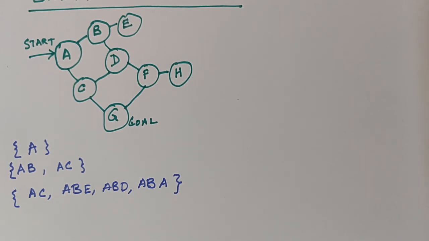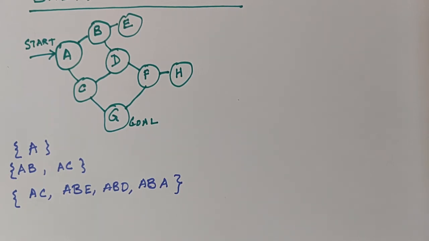So to avoid backtracking, henceforth we will maintain a list of already expanded nodes. We will check whether a node has already been expanded or not. If it has been already expanded, we need not expand it again.